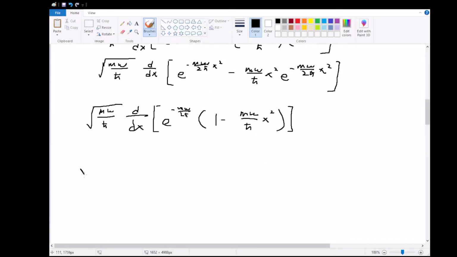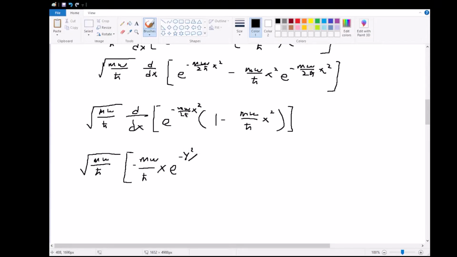Take the derivative of this, we get square root m omega over h bar. Let's see. Using chain rule, this is, whoops, I left out an x squared here. So this is going to be negative m omega over h bar times x. There's no more derivatives, so we can convert back to y.